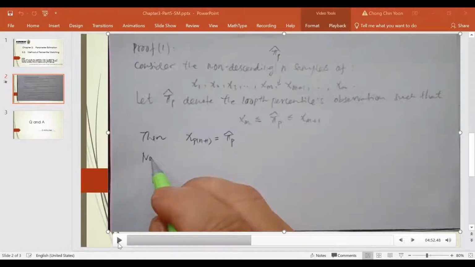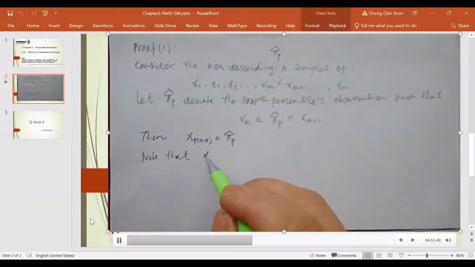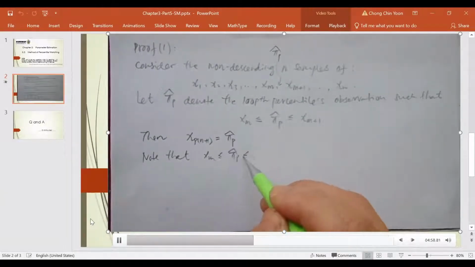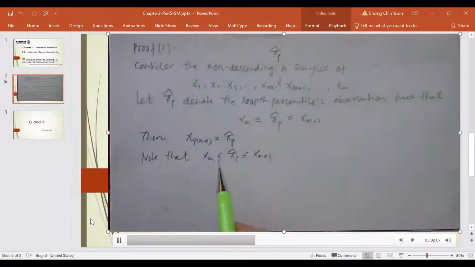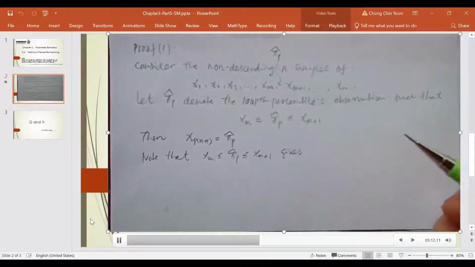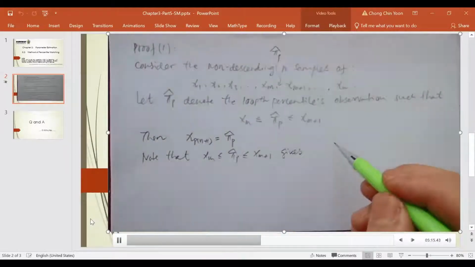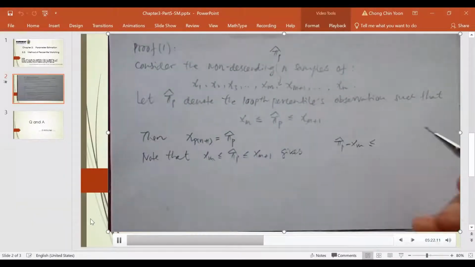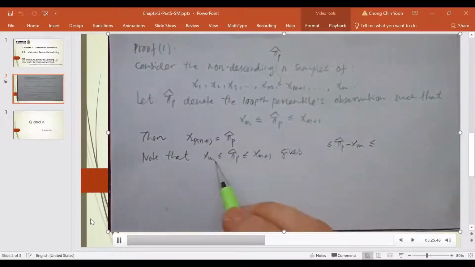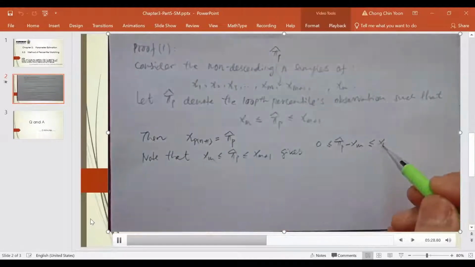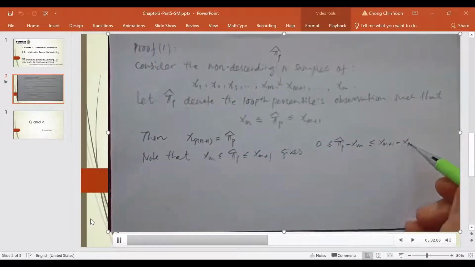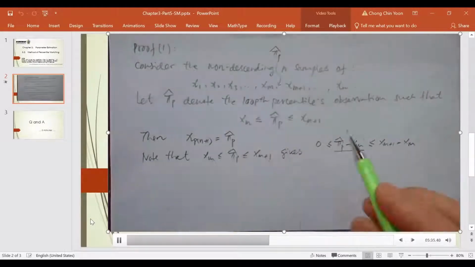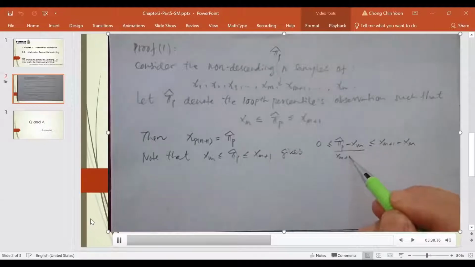Okay, carry on. Note that for this inequality, minus the xm and divided by xm plus 1 minus xm, then we will have the following inequality, that is the pi p hat minus xm, which is bounded by xm minus xm, that is 0, and xm plus 1 minus xm, all divided by xm plus 1 minus xm.